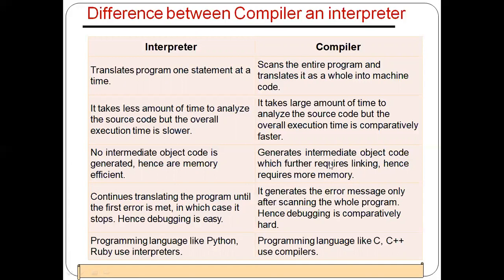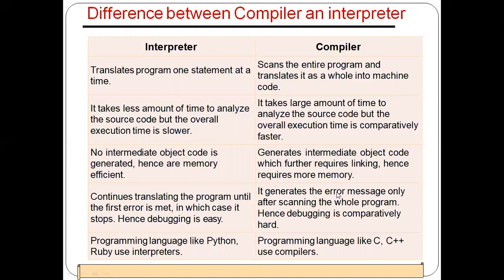The interpreter continues translating the program until the first error is met, in which case it stops, hence debugging is easy. Debugging is very easy because it executes line by line.